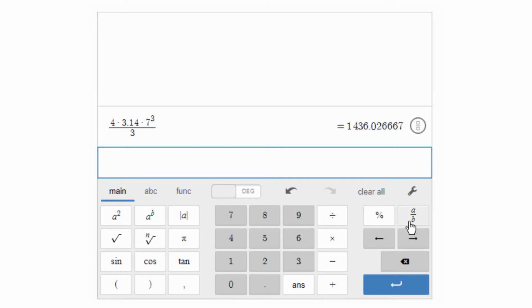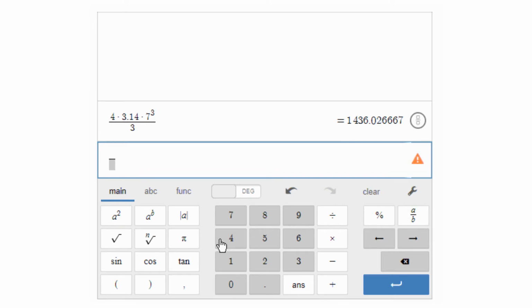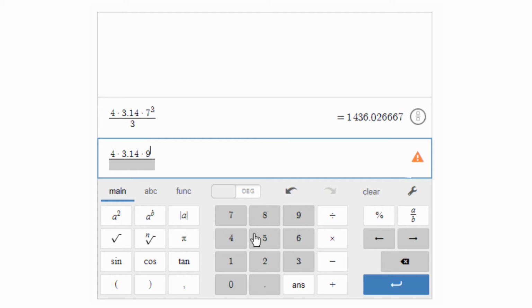We'll type in the fraction button, and the numerator will have 4 times pi, which is 3.14, times the radius of 9 raised to the third power, and then in the denominator we'll put the number 3 to show that we are dividing by 3. So we get 3,052.08 as our answer.